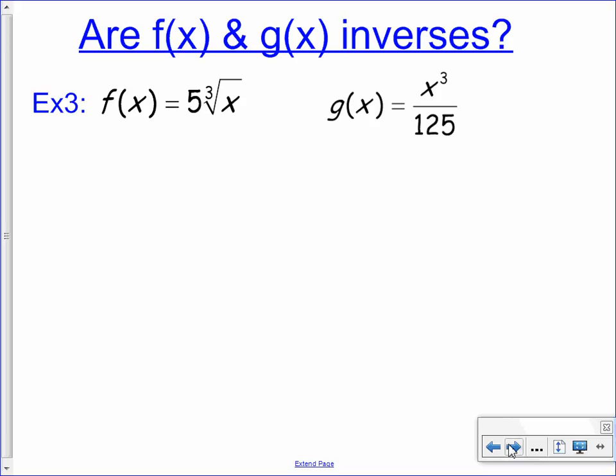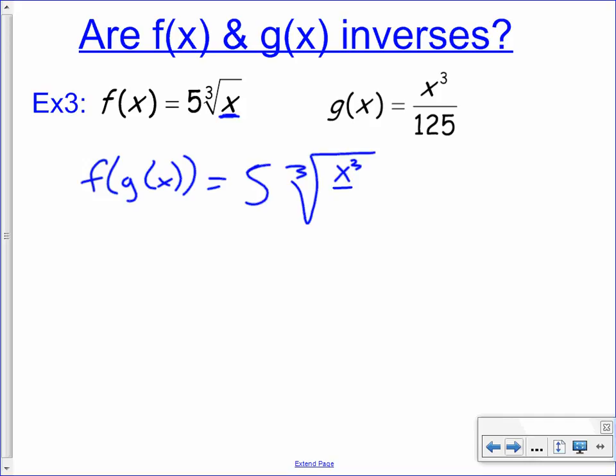Here we go. F of g of x. We're replacing that x, right? So 5 times the cube root of x cubed over 125.